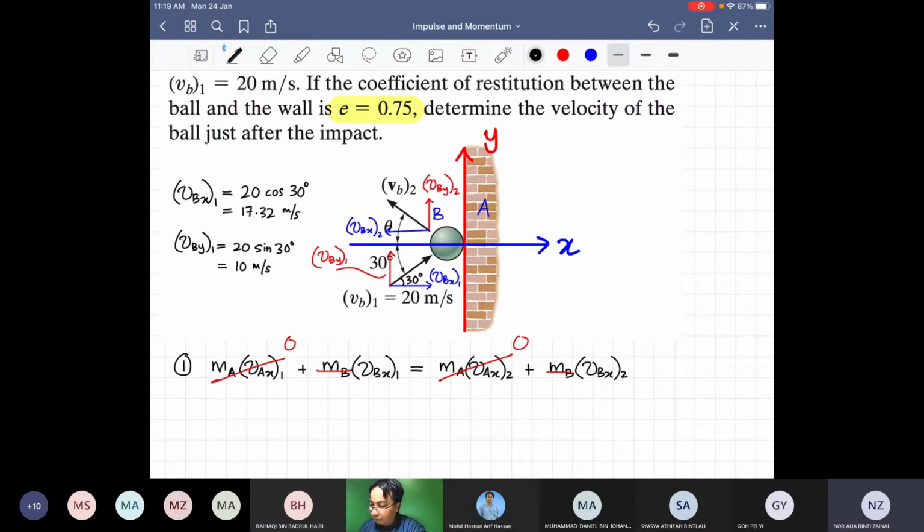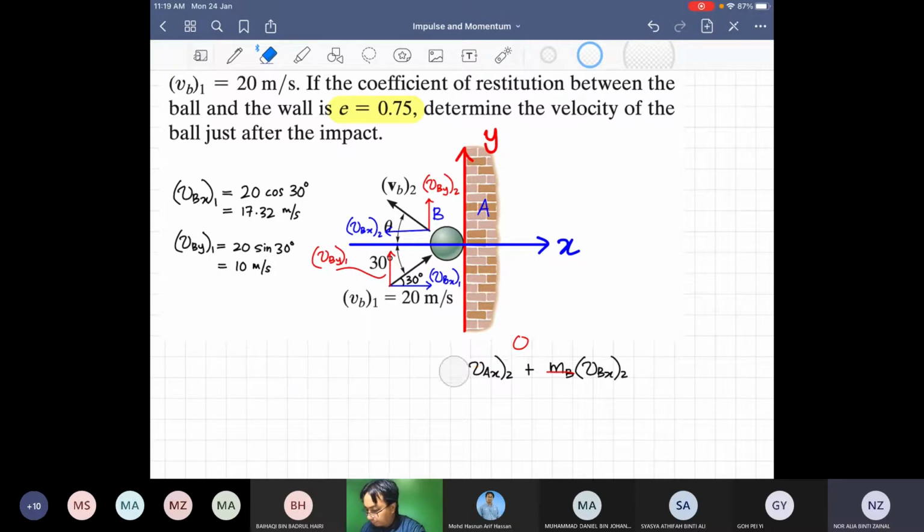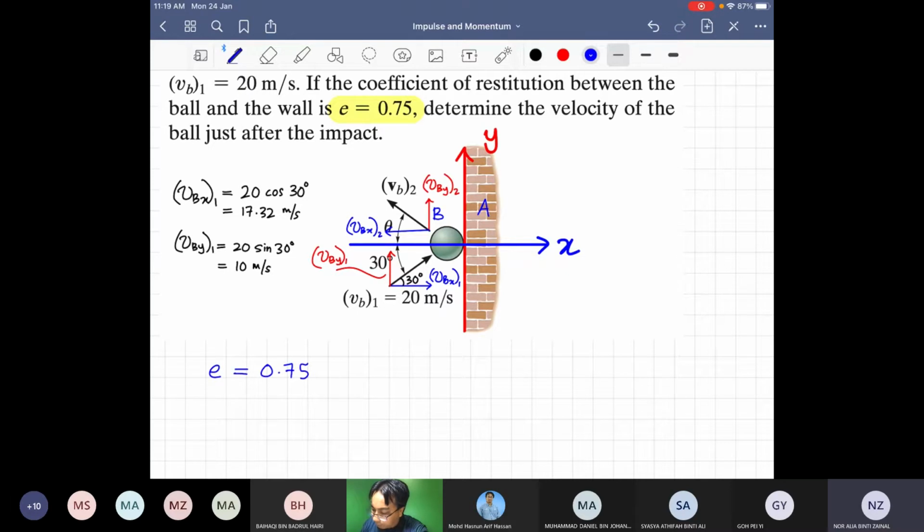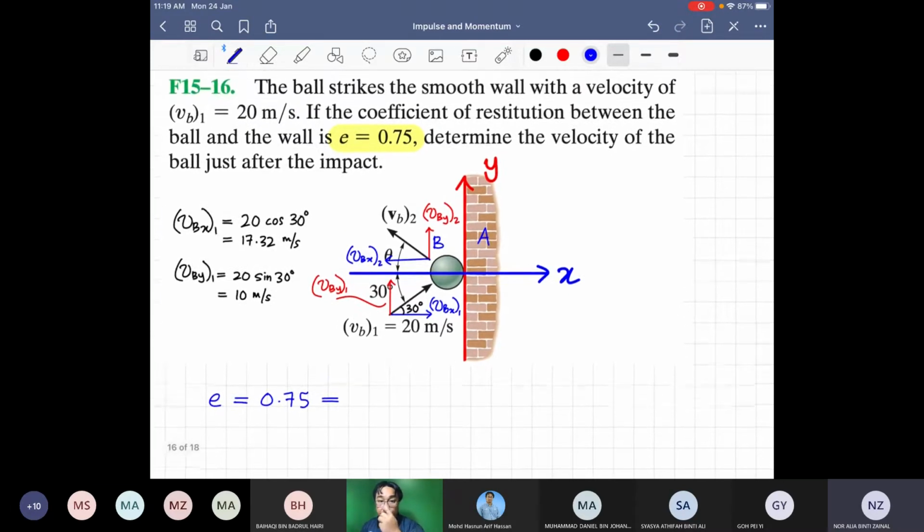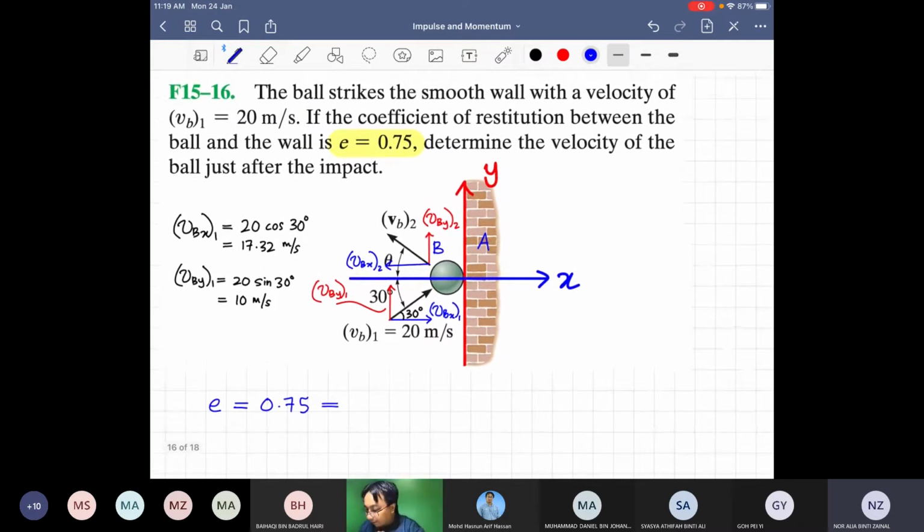Okay, let's use the coefficient of restitution. Saya akan padam dulu yang ni. Sebab coefficient of restitution is given dan kita tahu object A is not moving. So, kita terus apply the coefficient of restitution E, which is equal to 0.75, which is equal to dalam x-axis sahaja.